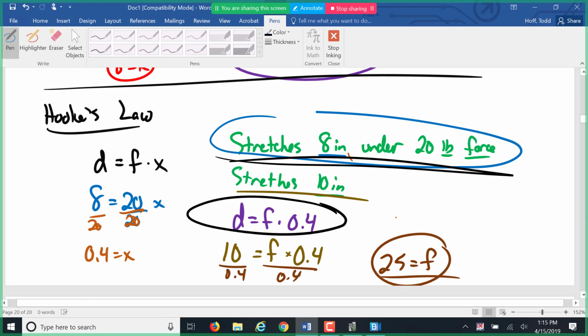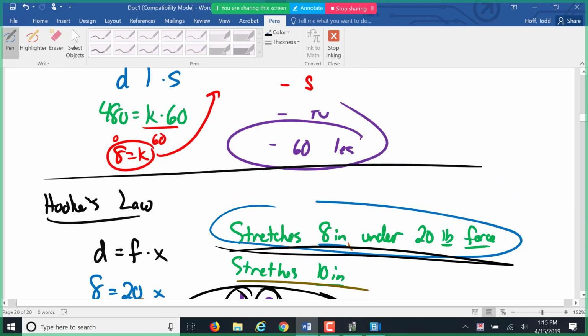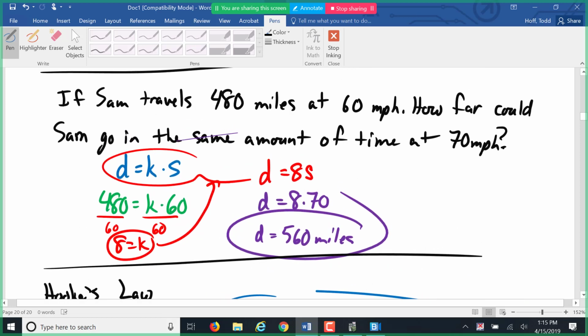Here we knew if there was 0 force, there was 0 stretch. Up here we knew 0 speed, 0 distance. If you're not moving, you're not going to go anywhere. So that's one of the requirements. If there's not that 0, 0 point or that origin point, then we would need 2 initial conditions to figure out the equation.